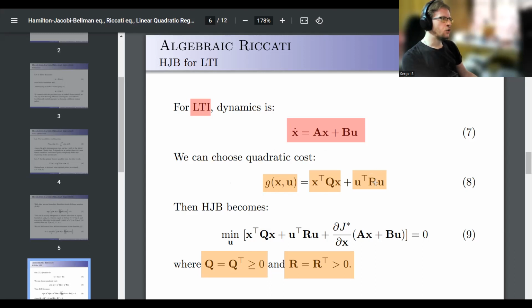However, R always has to be positive definite, and this makes sense, because if we allowed R to be even positive semi-definite, there would be some control components which we do not care how much we use. So we're not going to punish the system for using more control. The answer will be infinity.